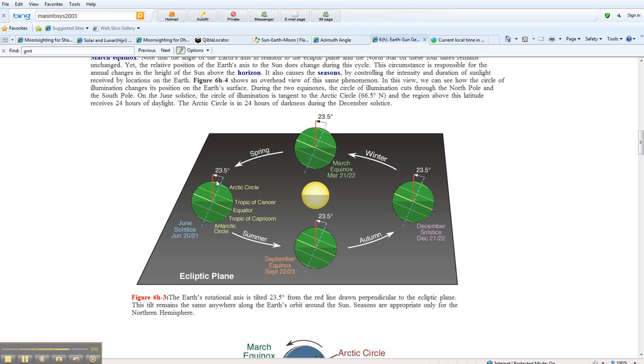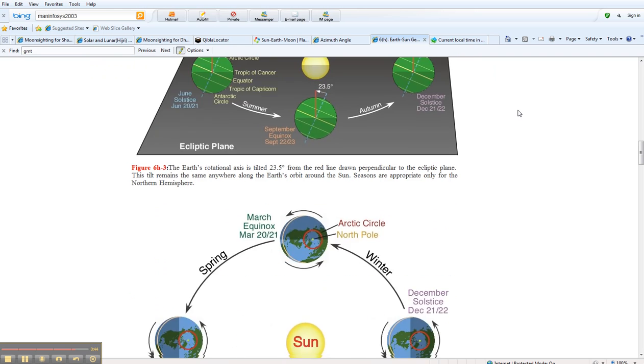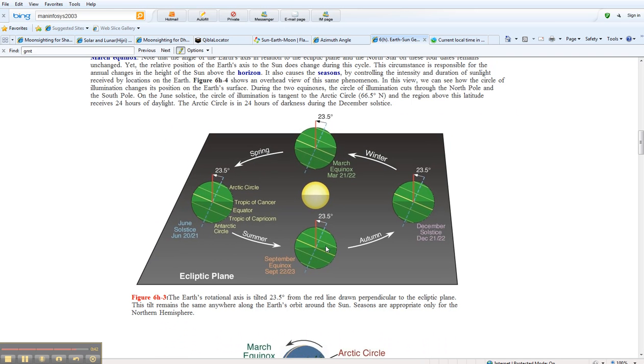So it is plus 23.5 tilted towards the sun. In December, it is tilted away from the sun, so it is not plus, it is minus 23.5. In March and September, although the earth is tilted in a direction, it is not tilted towards the sun, so the effective angle of solar declination is 0 degrees for both months.